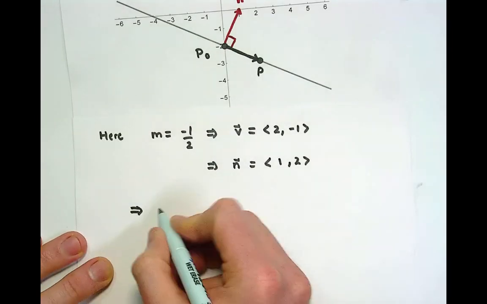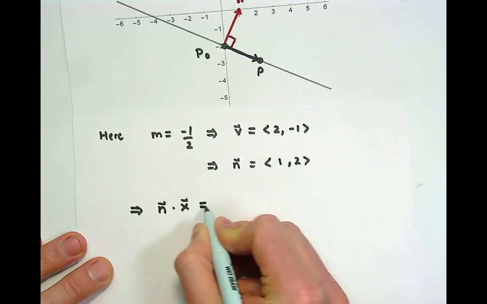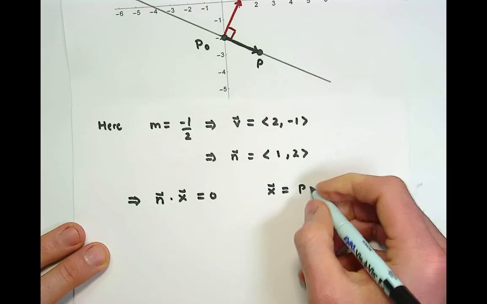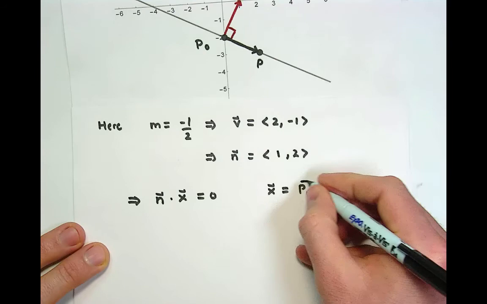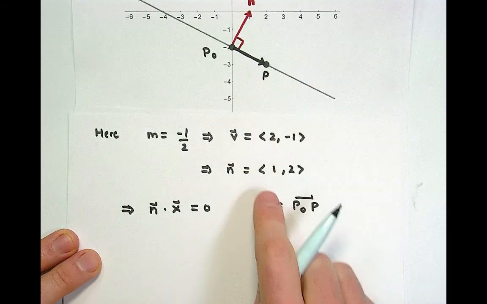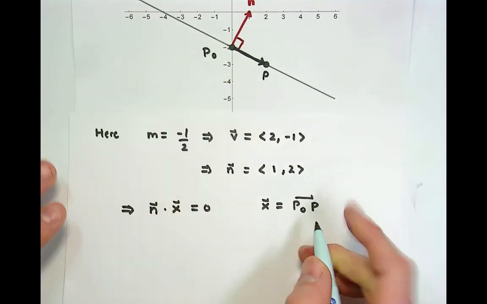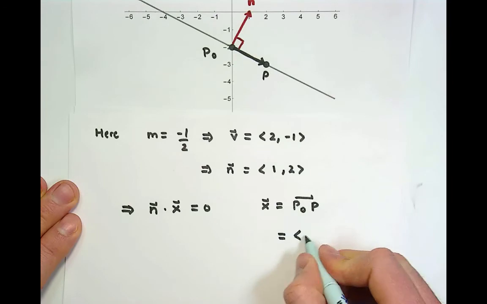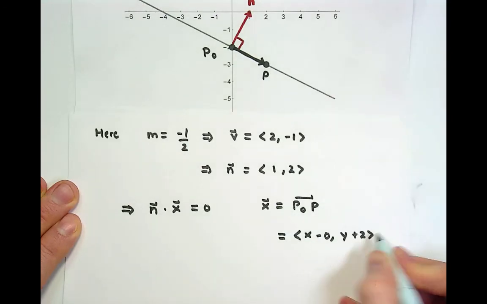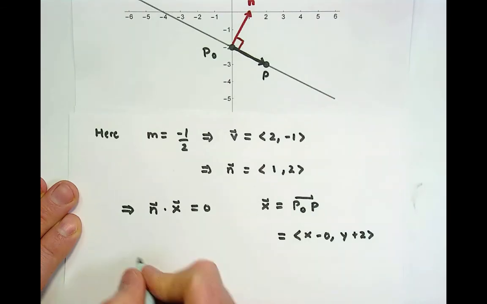And then we just said that when we wanted to look at every point on our line would be given by some general p. And then if we looked at any vector from our original point to this p, this would be x minus 0, y plus 2, since p naught is 0, negative 2.